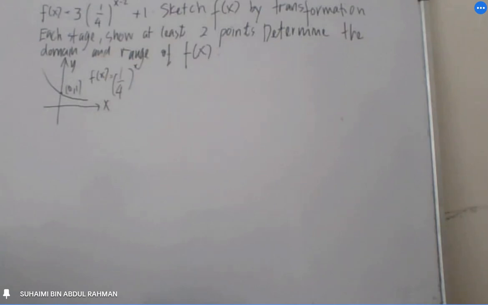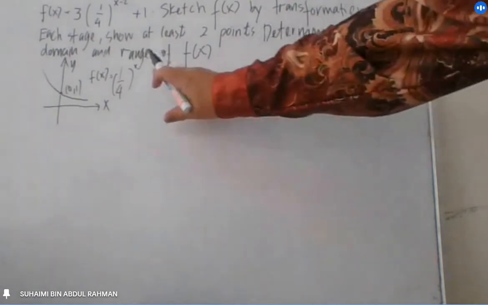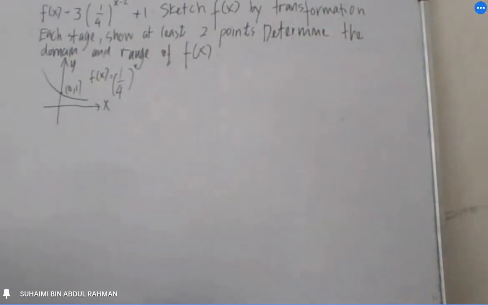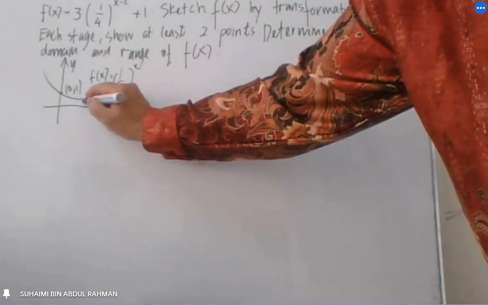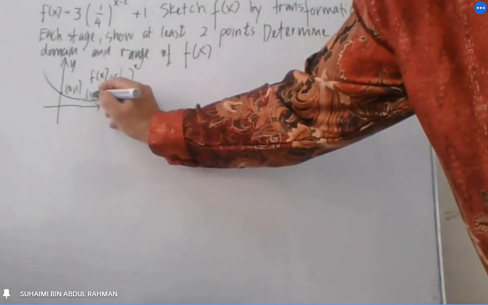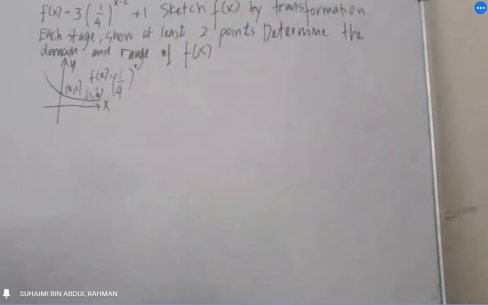Okay. If the value of x is 1, y equals 1/4. So another point is (1, 1/4).